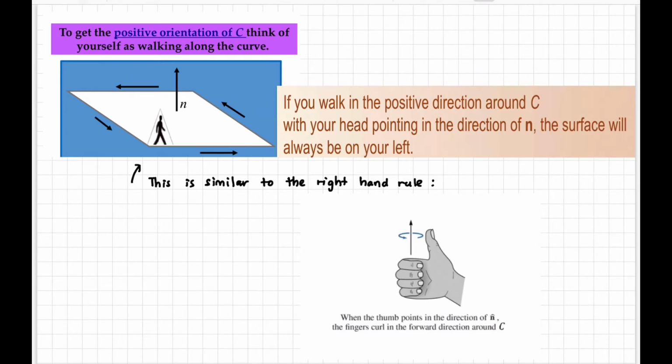This is similar to the right hand rule, where when the thumb points in the direction of N, the fingers curl in the forward direction around C.